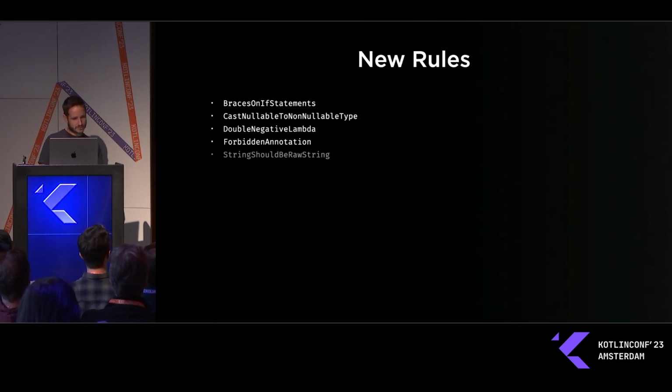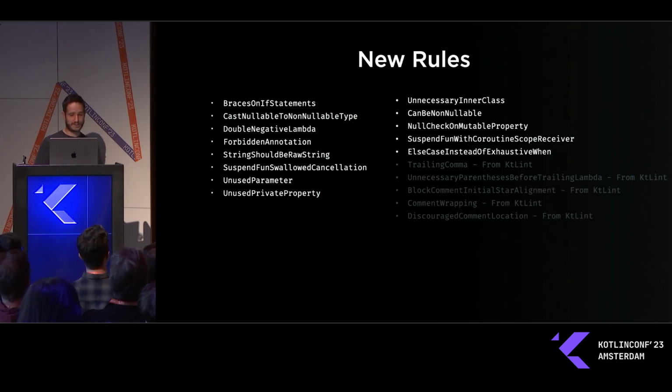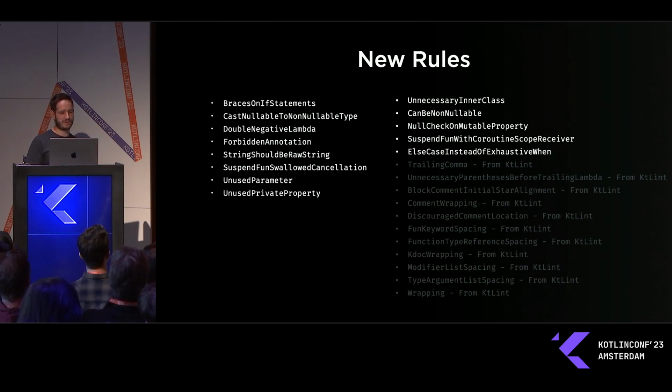For example, new rules. We have 8 new rules lined up for 1.23. I also want to mention some that got shipped in 1.22. So this is a total of 24 new rules. And it's great because, as I was saying before, those rules are community contributed. Literally, we have conversations in the Detekt issue tracker about what it means to write elegant Kotlin code.